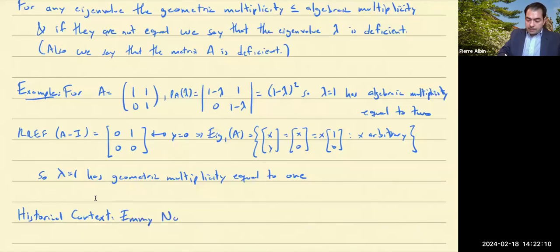Emmy Noether, a German mathematician who was alive from 1882 to 1935. Noether was born in the small German town of Erlangen, near Nuremberg. Her father was Max Noether, a professor of mathematics at the University of Erlangen.